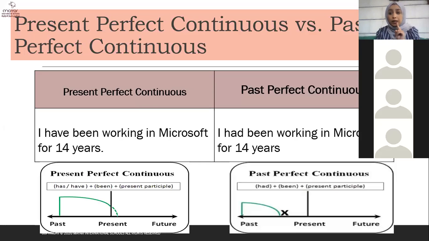So if you want to highlight that you're no longer working at that place, you have two options. You either use the simple past or you use the past perfect continuous. So you would highlight the duration for the person and at the same time you would tell them that you stopped. I hope it's clear.